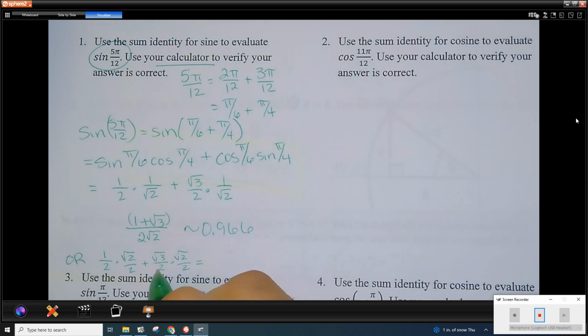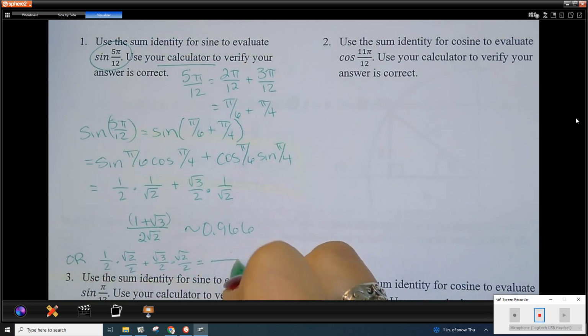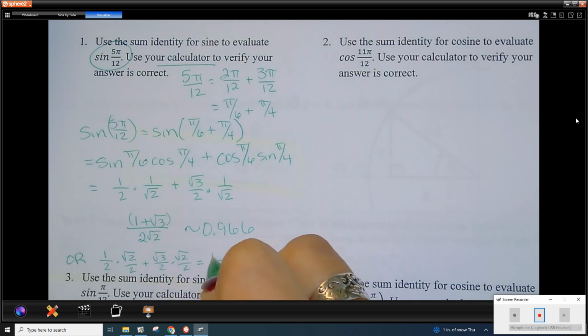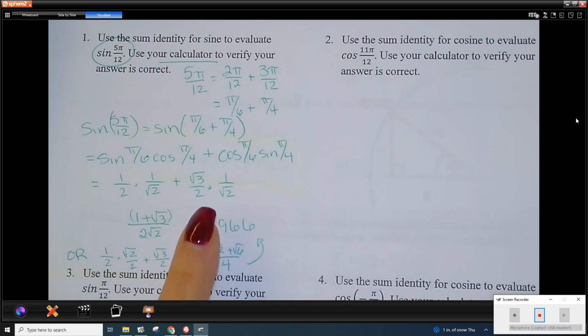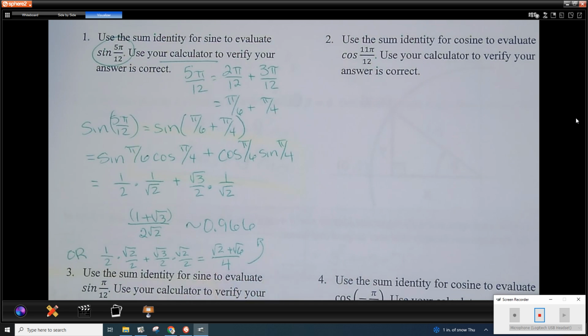This is 4, so we get all over 4 square root of 2 plus square root of 6. And it still works out to that, but it's not as simple as this. Okay, so either one, you get to the same place, but this one just looks simpler. This is actually correct not to have a radical in the denominator, but okay.